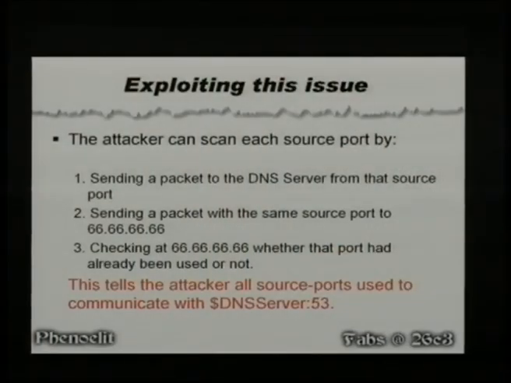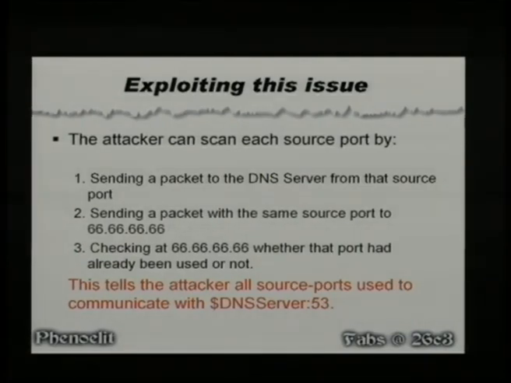So how do you exploit this? I know this is not that easy to understand on the first explanation. So this is how you exploit it. Maybe this will be clearer. First, you send a packet to the DNS server with a given UDP source port, the port that you want to scan. Now you send a packet to that other host that you control on the internet with the same source port.